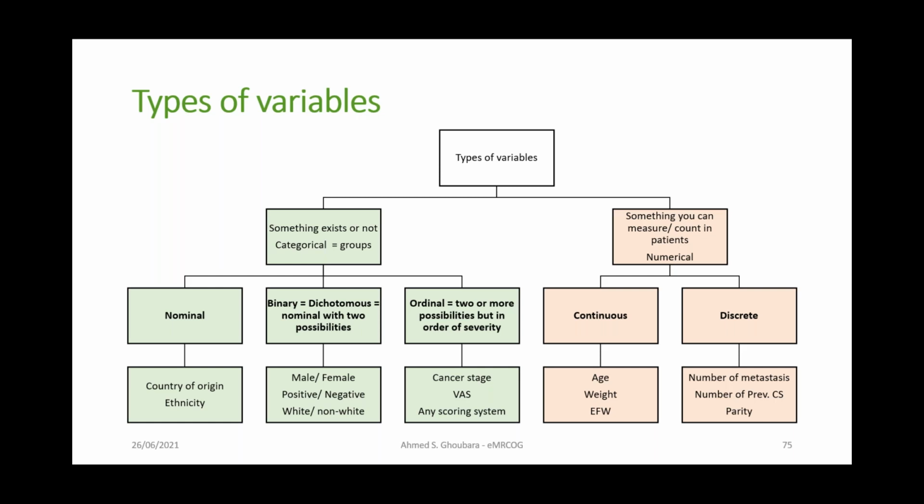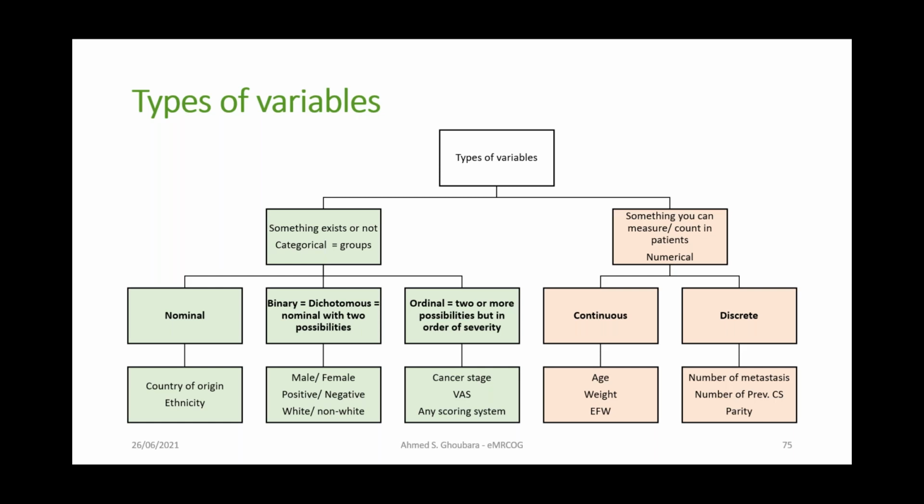So the third one, which actually comes a lot in the exam, the ordinal, like the VAS. What's the VAS? The visual analog scale, as I told you. The cancer stage, any scoring system, so stage 1. So basically, the ordinal, same as the nominal, with ordered ranks. Something is better or higher or more severe than the other one.